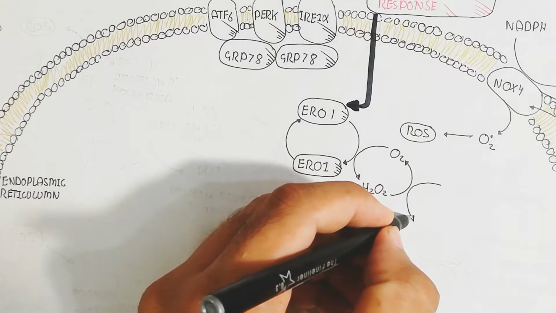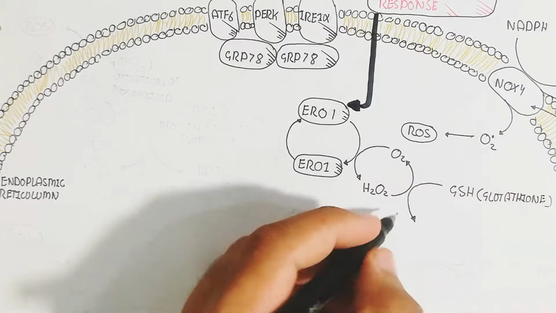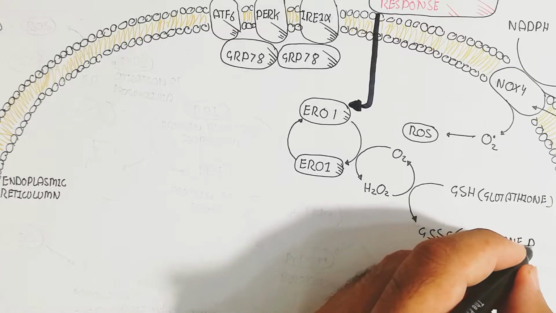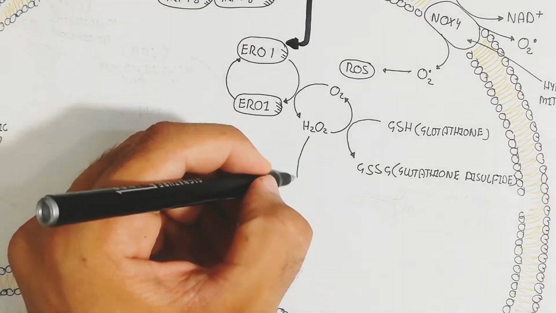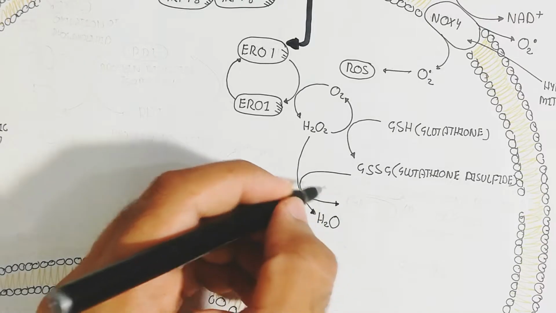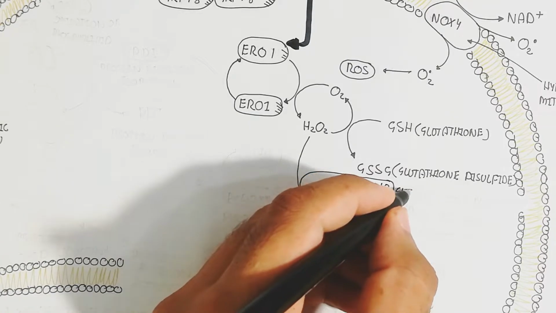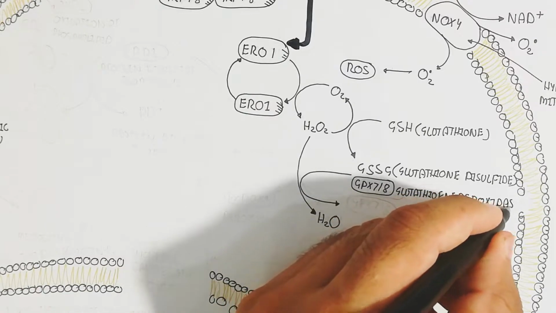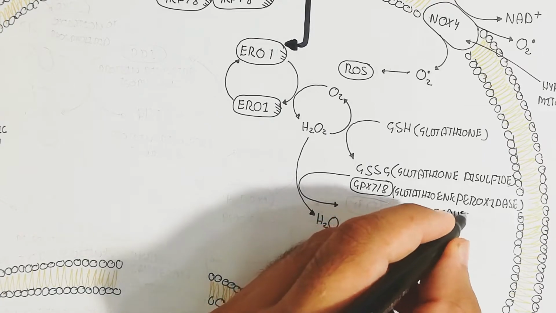On the other hand, remember the glutathione will convert into glutathione disulfide, so a disulfide bond will occur, and in this way the glutathione peroxidase enzyme, which is a reactive oxygen species scavenger known as an antioxidant, will work to produce water from hydrogen peroxide to decrease reactive oxygen species.